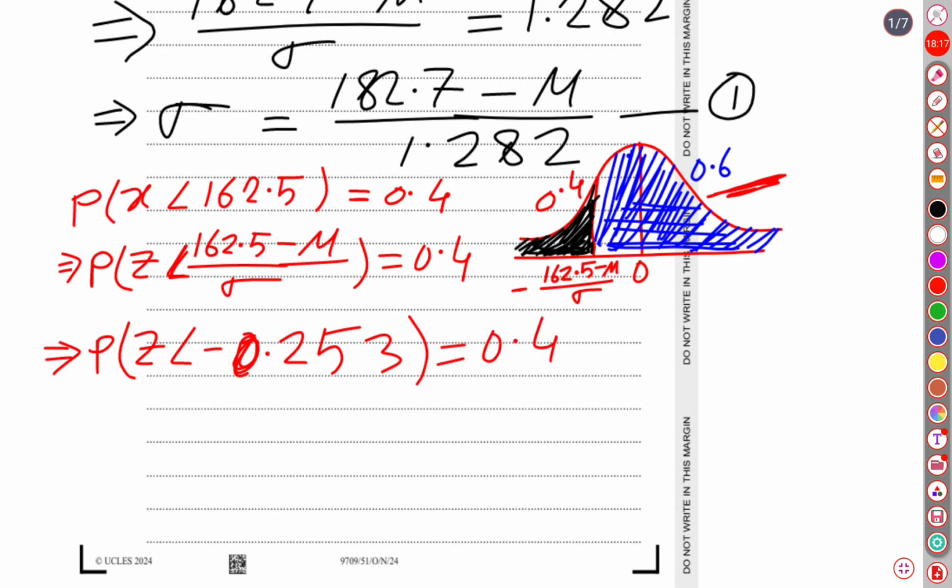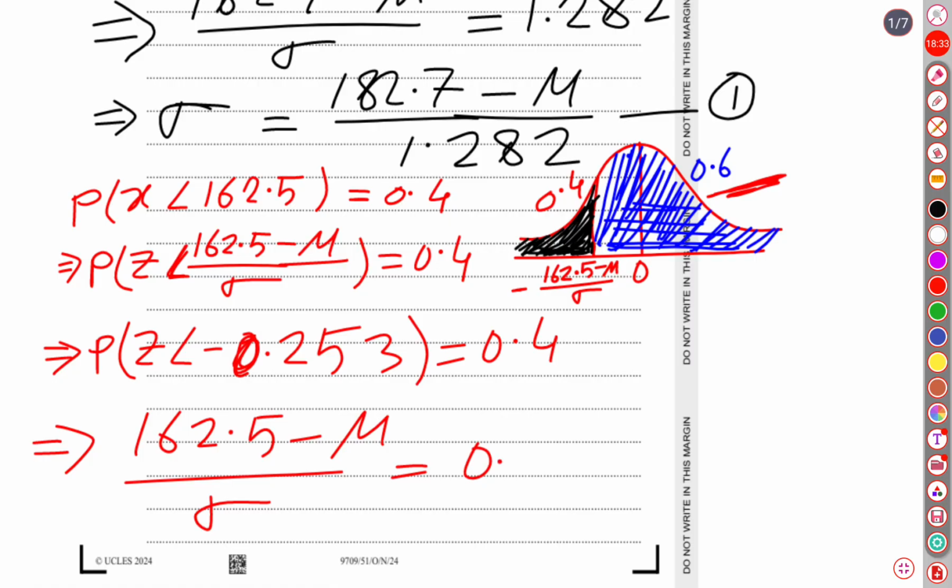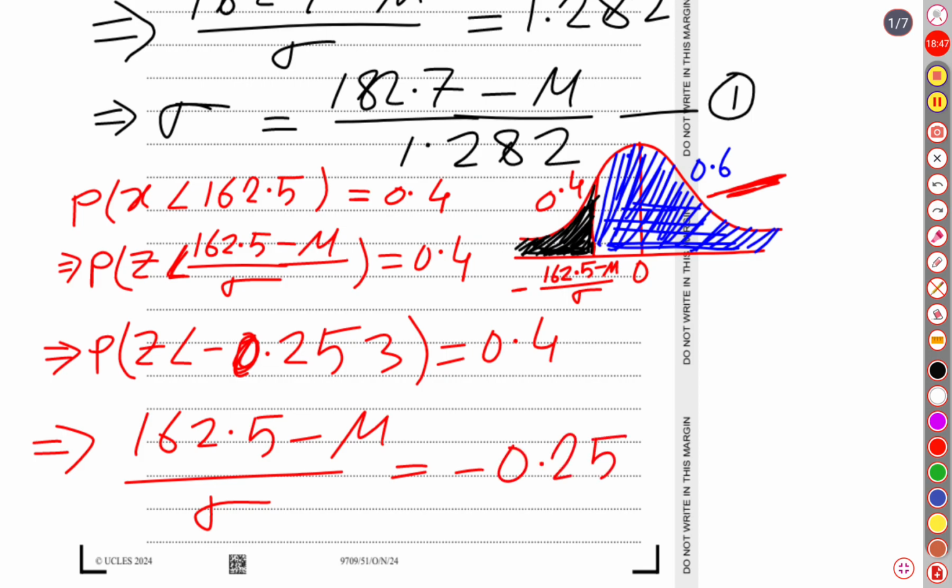Now if we form an equation, 162.5 minus mu over sigma is also a z-score, so they must be equal: 162.5 minus mu over sigma is equal to negative 0.253.